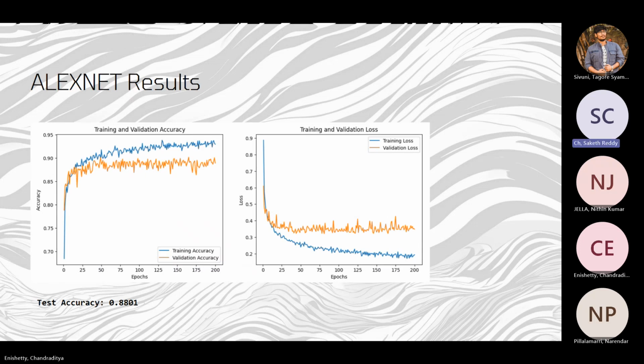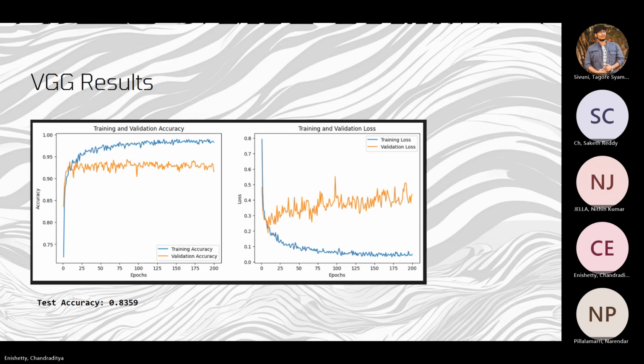Now, coming to the results. Here we can see the training and validation accuracy of the VGG results. VGG16 achieved a test accuracy of 83.59%.